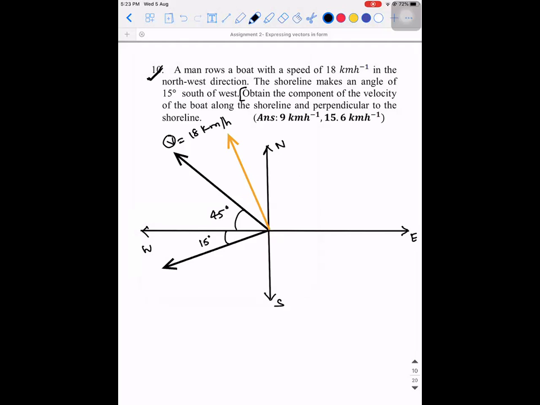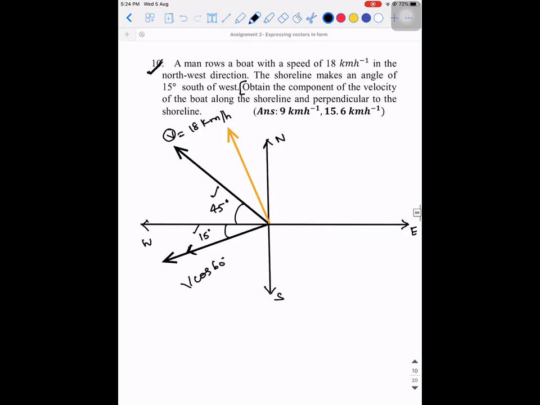So the component of this velocity along the shoreline will be v cos of how much angle? 60. It will be v cos 60. Did you understand why cos 60 came? Because 45 plus 15, v cos 60.